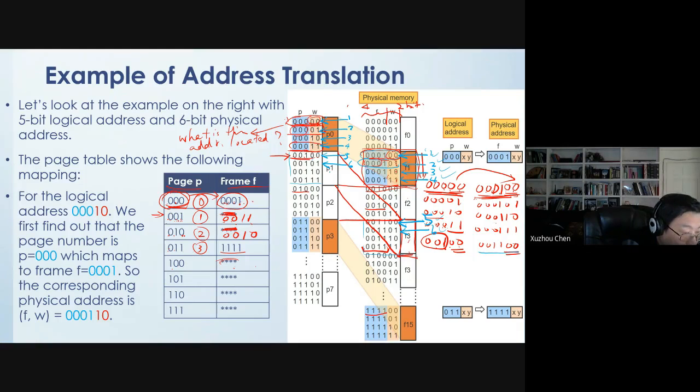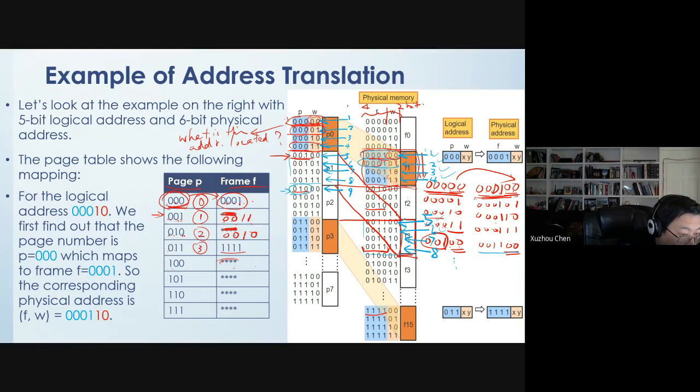Now, if I continue, 7, 8, and suddenly, the next instruction, the 9th instruction, is actually in another page, right? So this page, 010, maps to 0010.